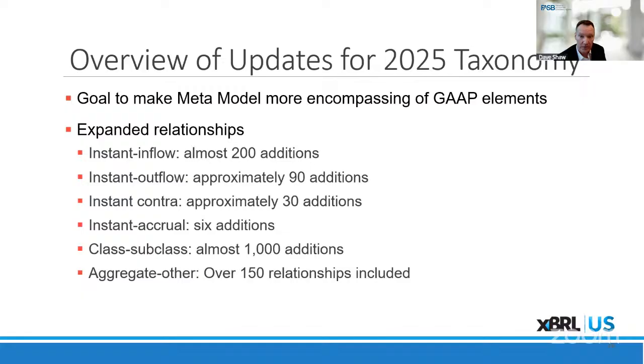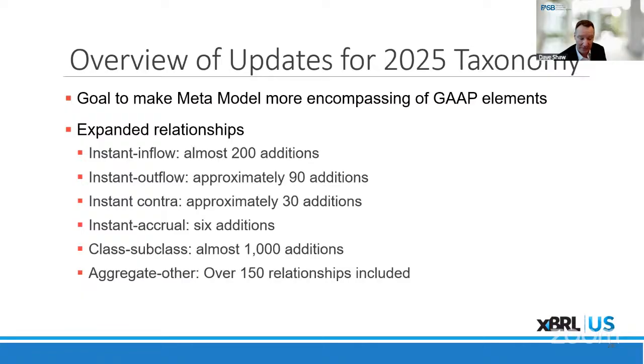Going into last year, our goal was to make it more encompassing of the GAAP elements, to make it more useful to the users of the GAAP taxonomy. By the numbers, we increased instant inflow by 200, instant outflow by about 90, instant contra around 30. Instant accrual was only 6 because I think we pretty much have all of them identified. I don't think there's any more left.